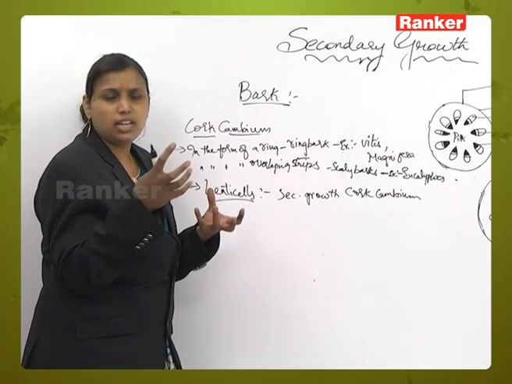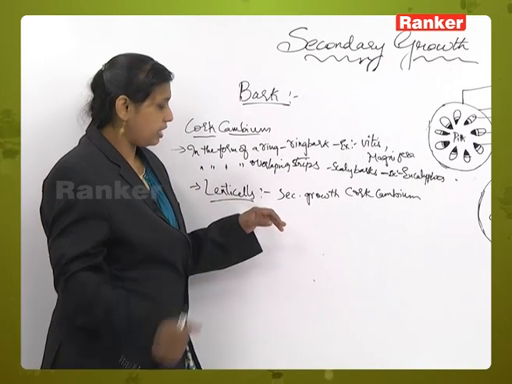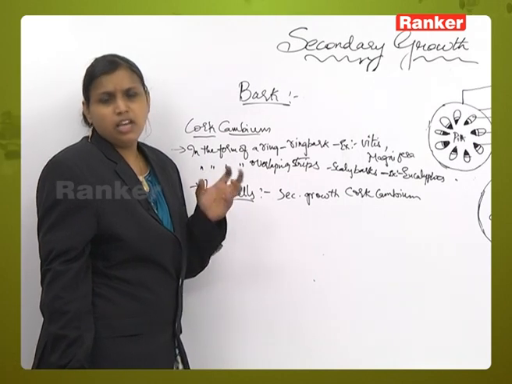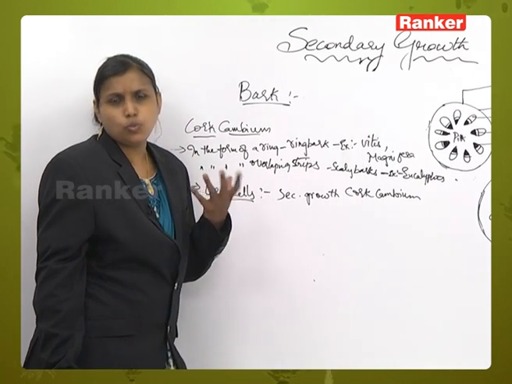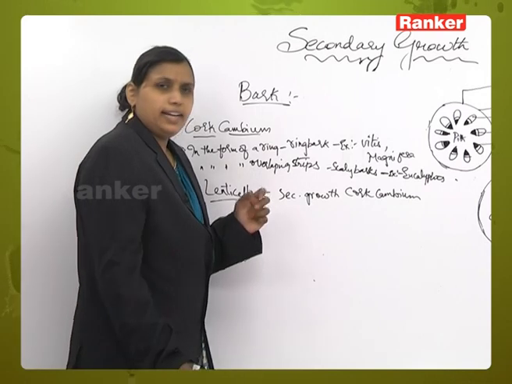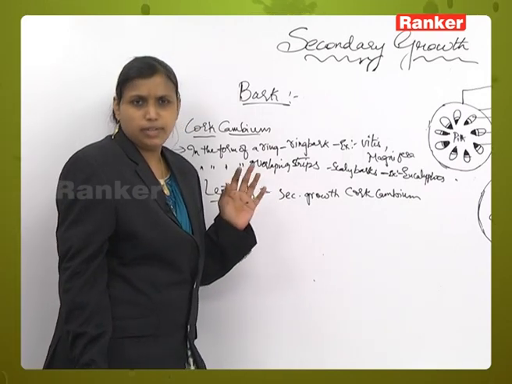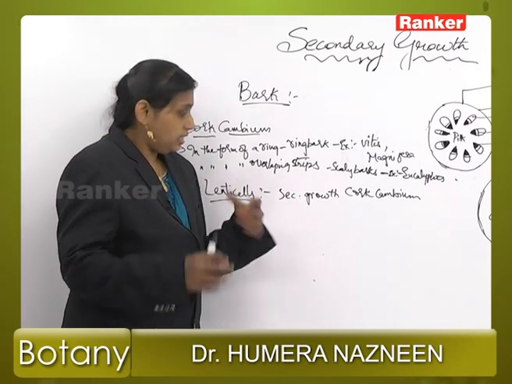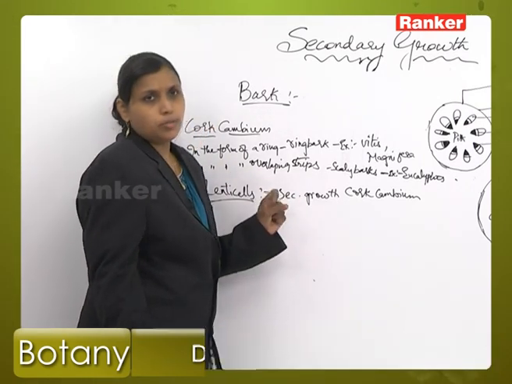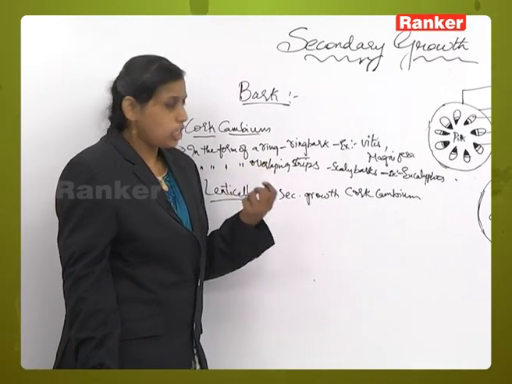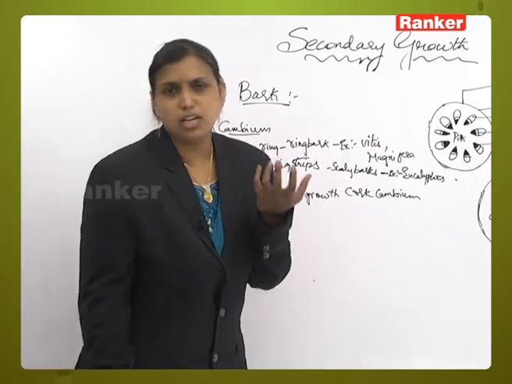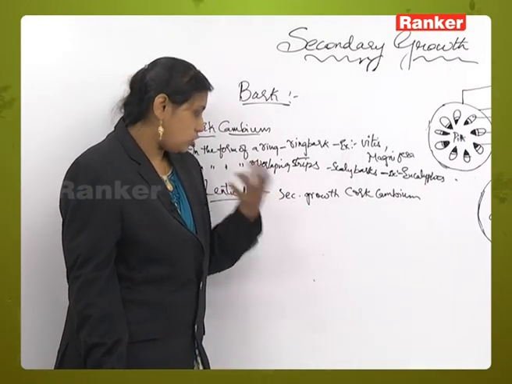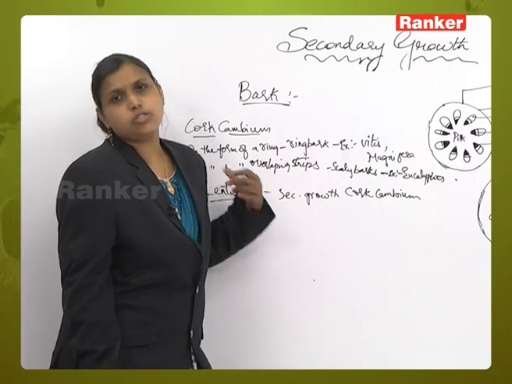These lenticels are present opposite to the stomata, near the substomatal cavity, and work almost like the stomata. More or less, the exchange of gaseous material which is stopped when there is an occurrence of the cork cambium or secondary growth or periderm can be continued by the presence of lenticels.